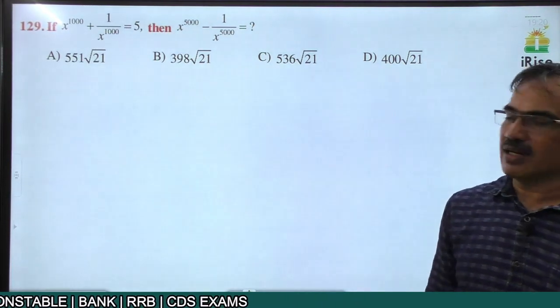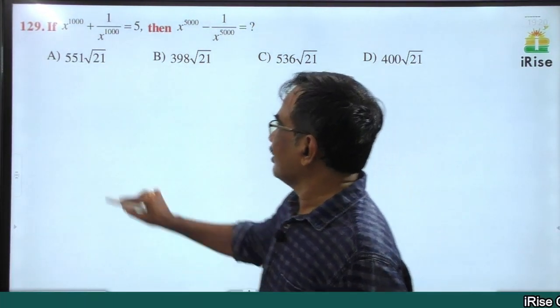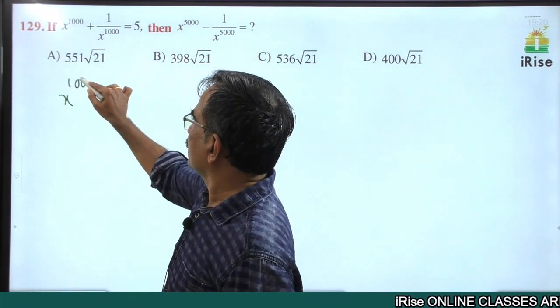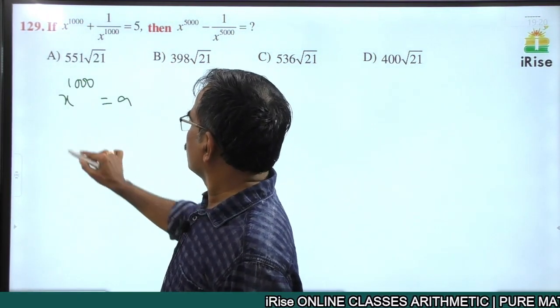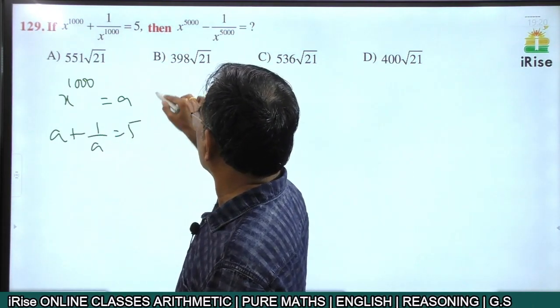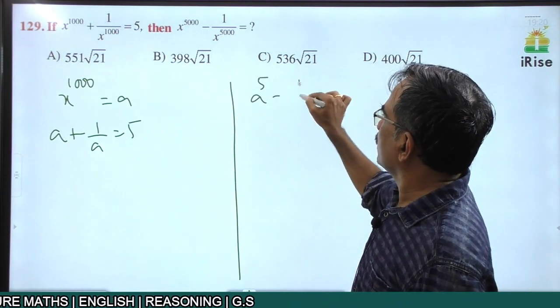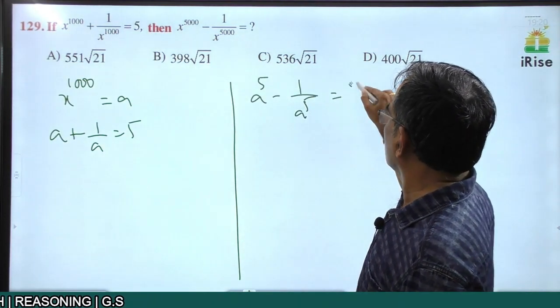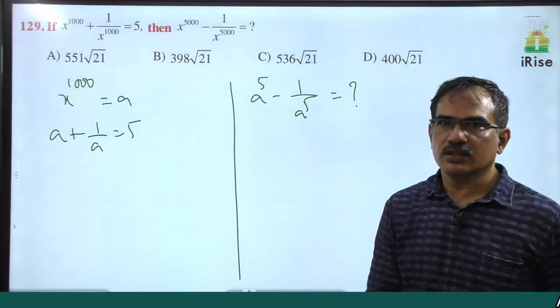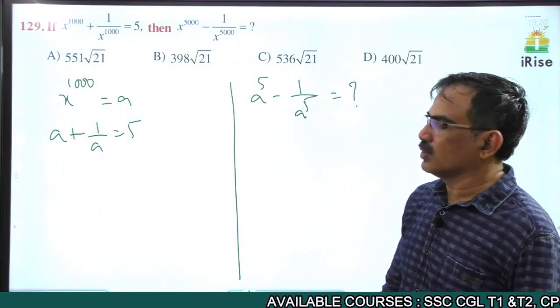If x power 1000 plus 1 by x power 1000 is equal to 5. I want to consider x power 1000 as a. So that means a plus 1 by a is equal to 5 given. The question is, what is a power 5 minus 1 by a power 5? If a plus 1 by a is 5 given, then what is a power 5 minus 1 by a power 5?